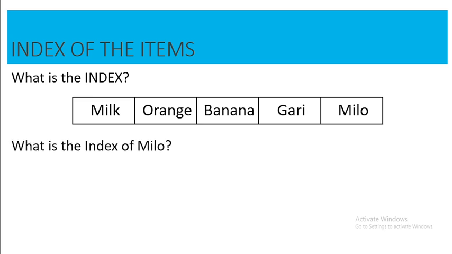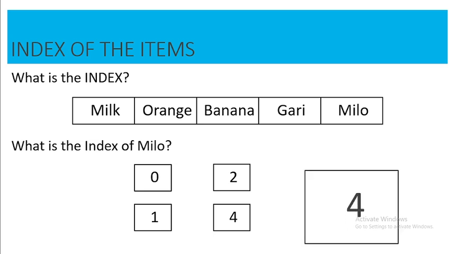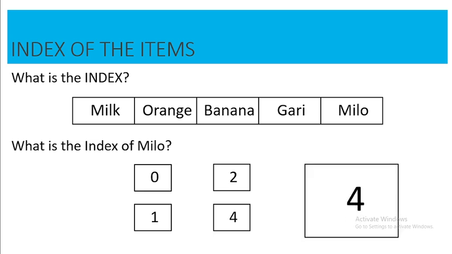What is the index of milo? It is 4. Why? Because the index of milo is indeed 4.